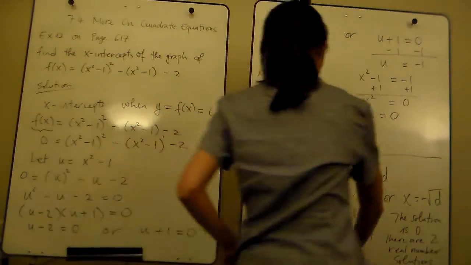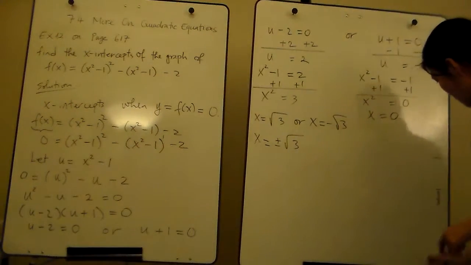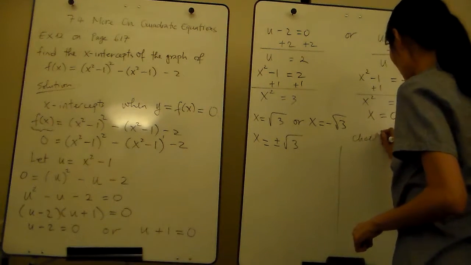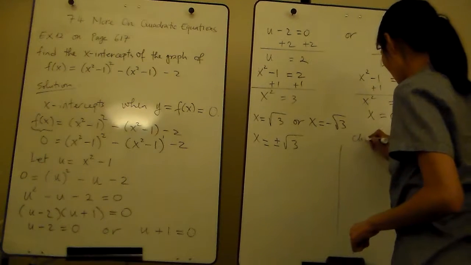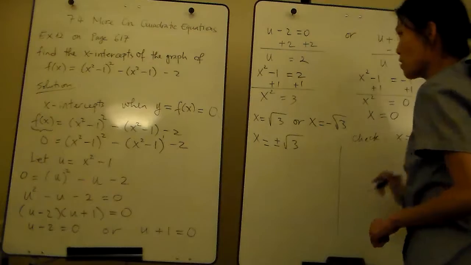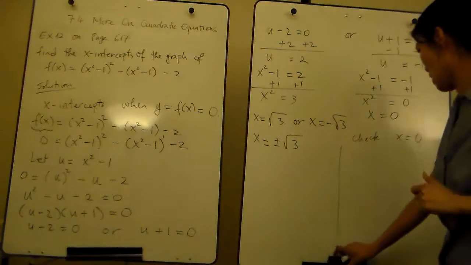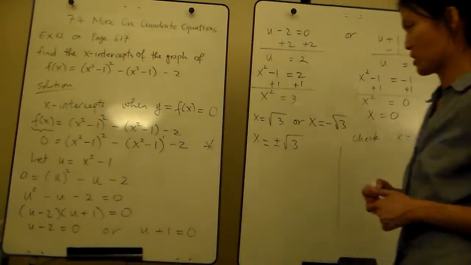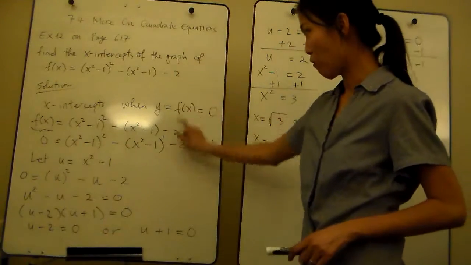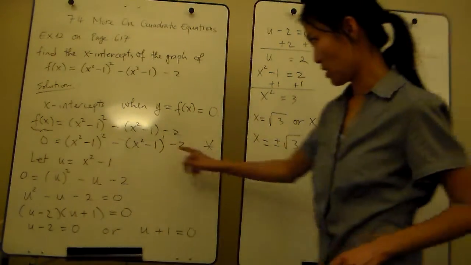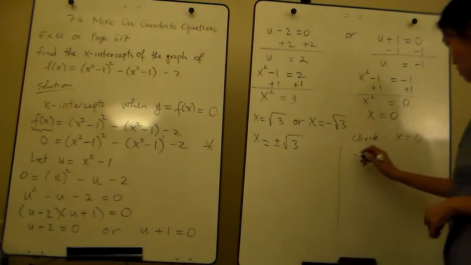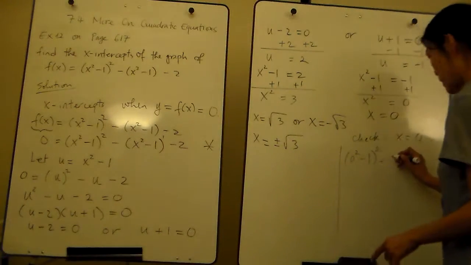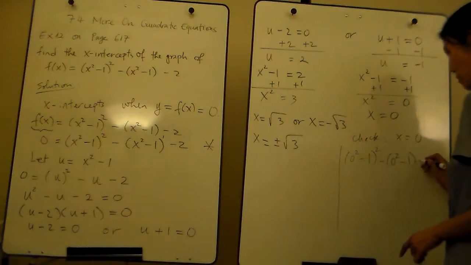Let's check it. So let's test this first. When x equals 0, we check. We'll replace x with 0 in the original equation, which is this equation, because we're looking for, if we substitute x here, you get 0 squared minus 1 squared minus 0 squared minus 1, and then minus 2.